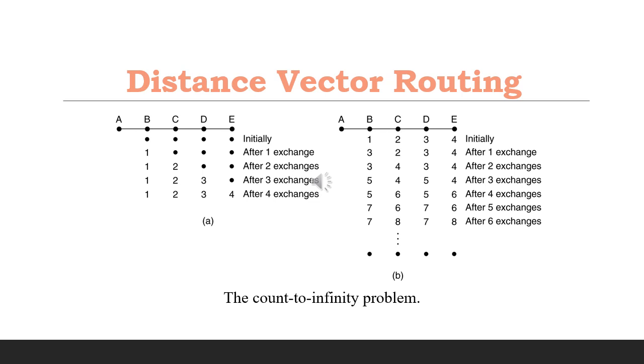Now, in the next exchange, when C sees that the distance from B to A is 3 and it has to reach A through B only, it will add 1 to that 3 and make changes in its table. And similarly, we have these exchanges, and on the basis of these exchanges they keep on exchanging their values depending upon the neighbor's value, and that's why this is called count to infinity problem.